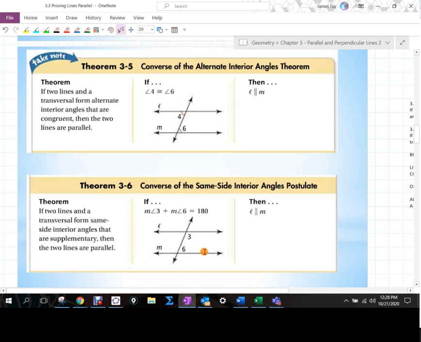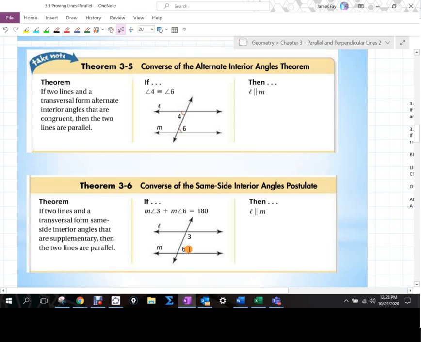We have the converse of the same side interior angles theorem, which says if you are able to show two same side interior angles supplementary, if you know what angle 3's measurement is and angle 6's measurement is, and they add to 180, then line L and line M have to be parallel. That's the only time that they're going to do that.